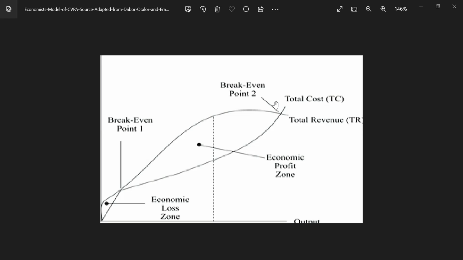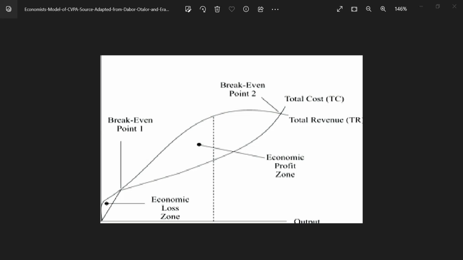So when it comes to the CVP, we have 2 theories. We have what I showed you earlier that gives us a single break-even point, which is what we call the accountant's model.